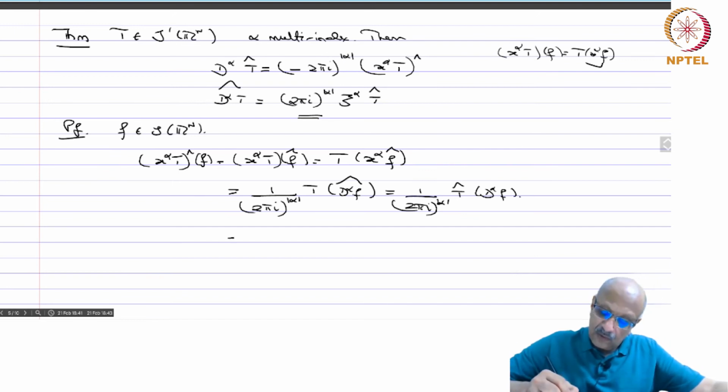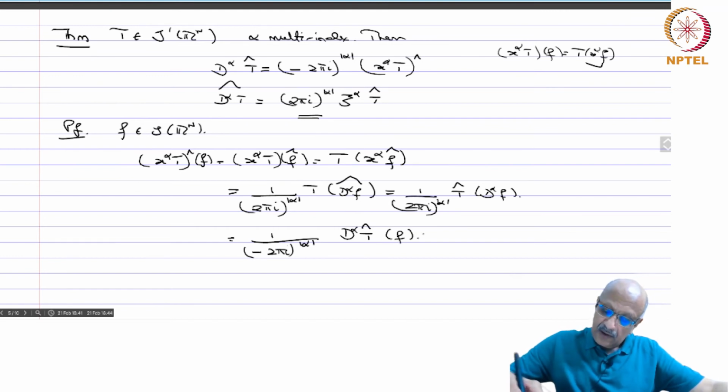And that is equal to 1 by (−2πi)^|α| of ∂^α T hat acting on f, and therefore, from this you cross multiply, you get your answer.